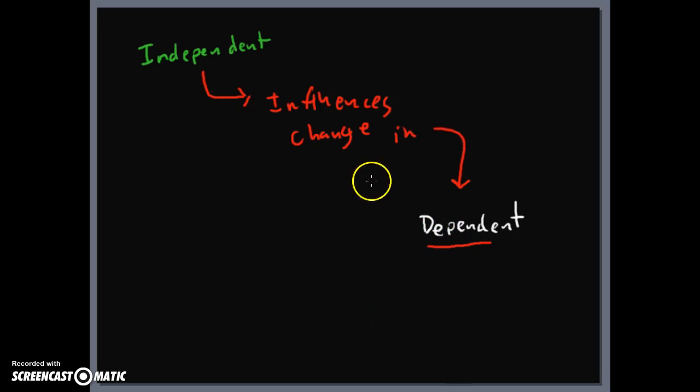Sometimes this change is significant, sometimes this change isn't significant, but the main part is that the dependent variable depends on the independent variable, not the other way around. So this is one of several different ways visually that you can represent the relationship.